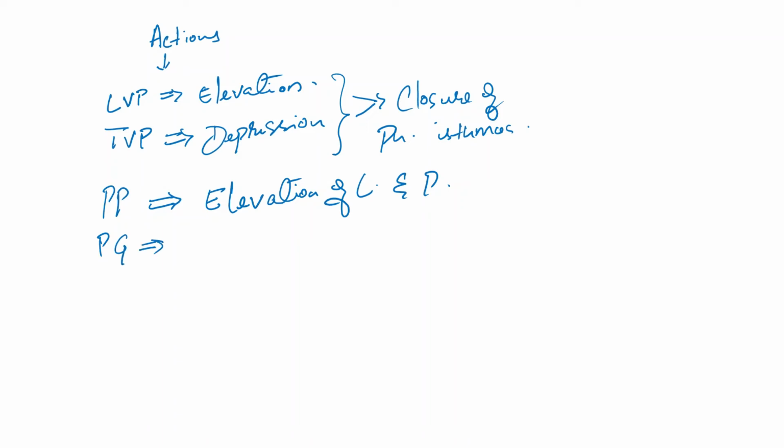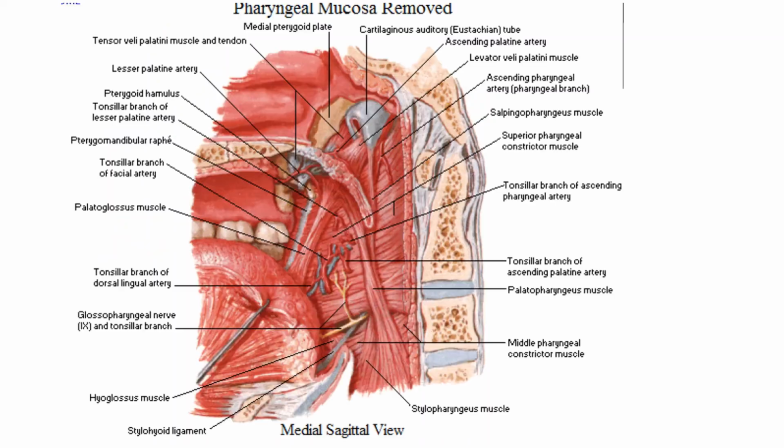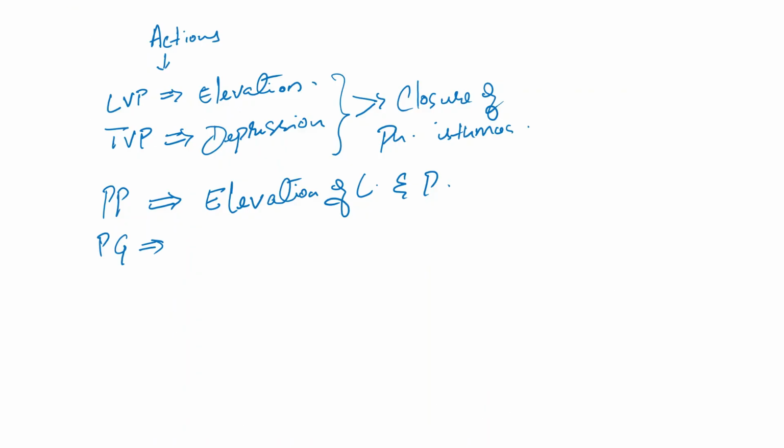The contraction of the palatoglossus brings about elevation of the base of the tongue, thus helping in closure of the oropharyngeal isthmus.